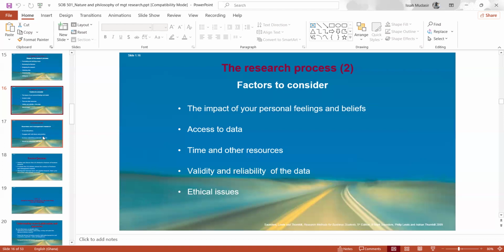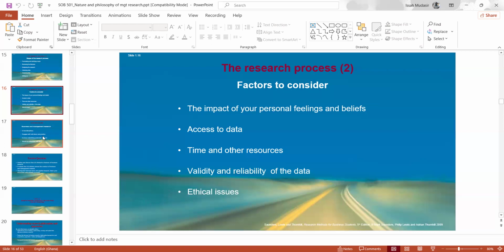So for instance, it's asking about what I said, that there should not be a disconnect among the stages of the research process, which we discussed previously. So what do I mean by that? You can find, and we see that a lot, that the research objectives are different from the findings.